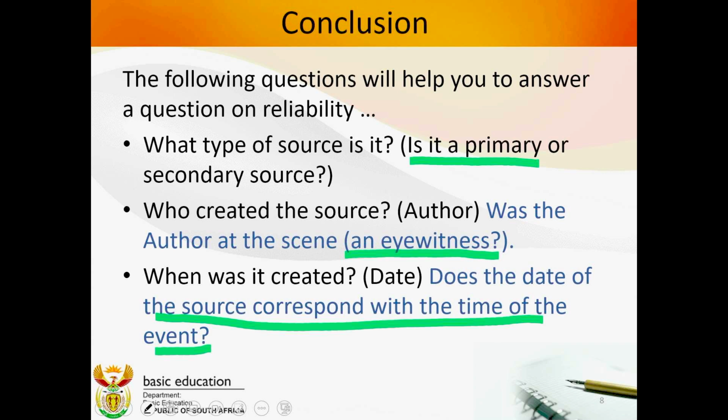I provided an example earlier, saying that for argument's sake, let's say this source is from Bishop Tutu. Now, the question: comment on the usefulness of this source when you are researching the work of the TRC Amnesty Committee.